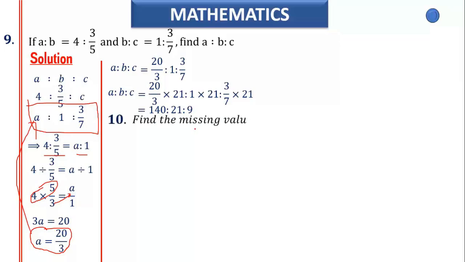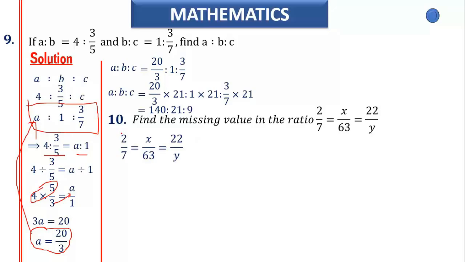So now let's move on. Now find the missing value in the ratio. If we are given something like this, this is telling you that this guy here is equal to this guy. It's also telling you that this guy here is equal to this guy.